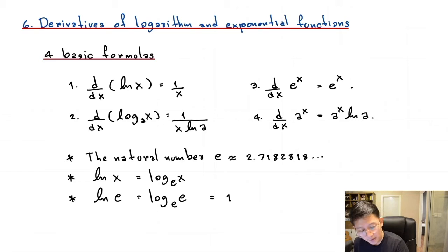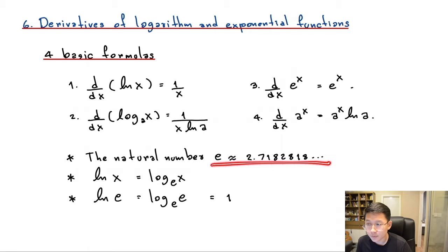First we have that the derivative of log x is 1 over x. When I say log x, I mean log x base e, where e is the natural number.